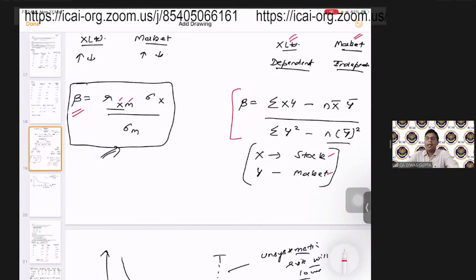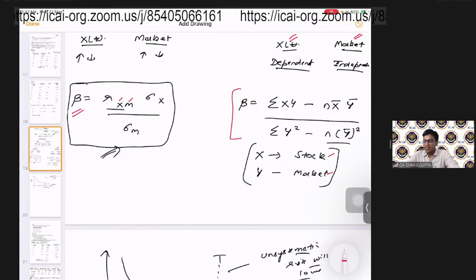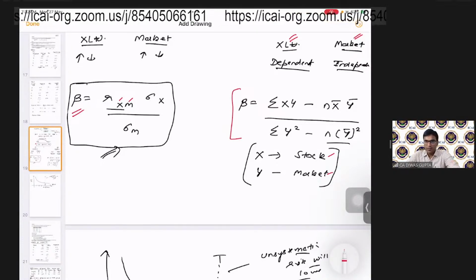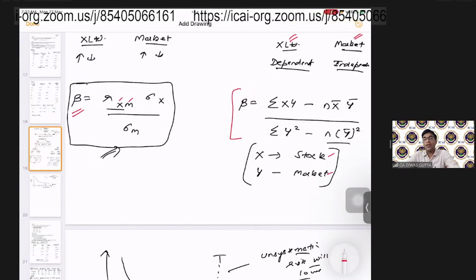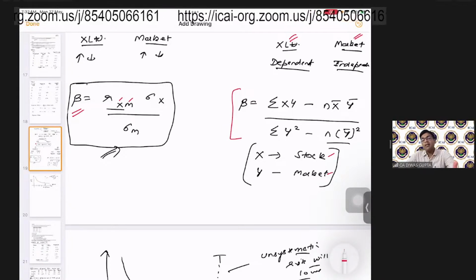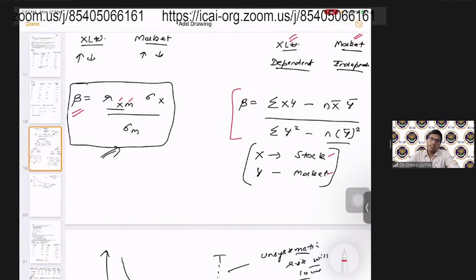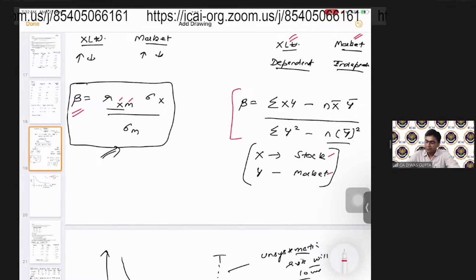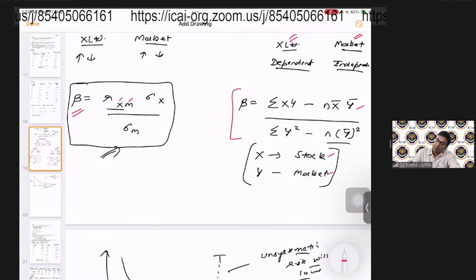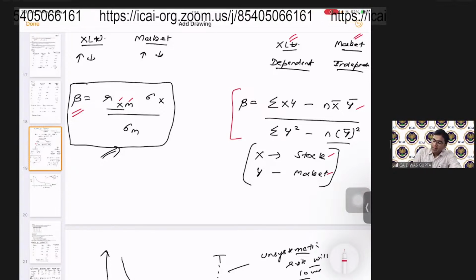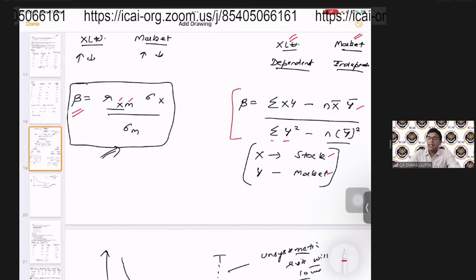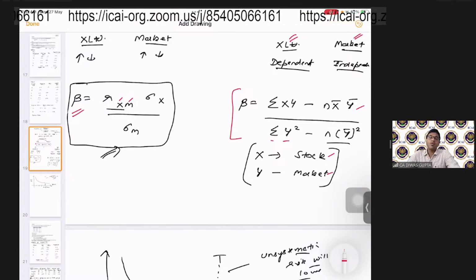How many observations are we talking about? That is n. Then divided by the summation of y square minus n y bar square, students.